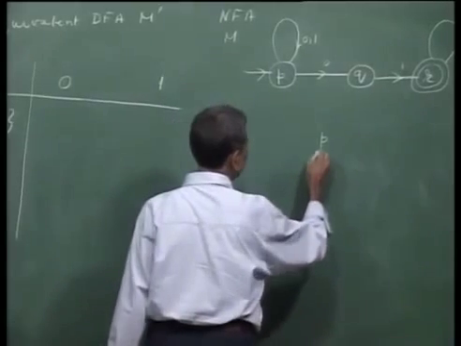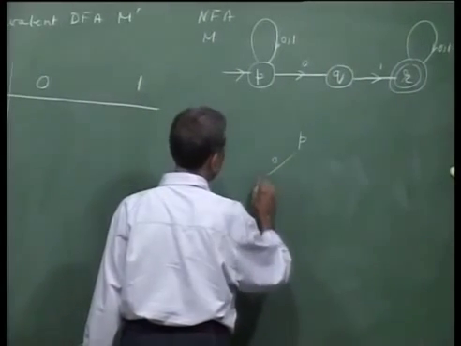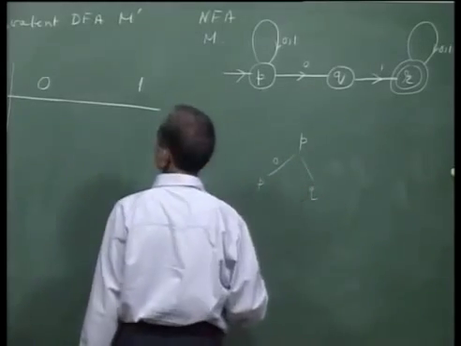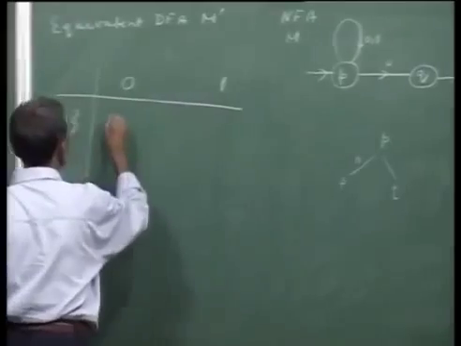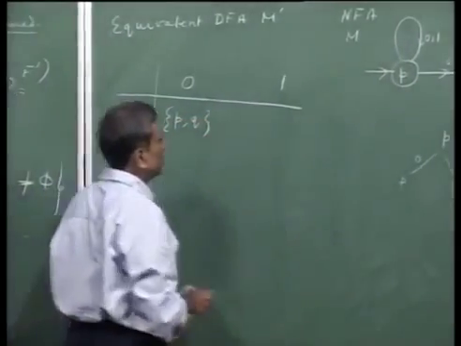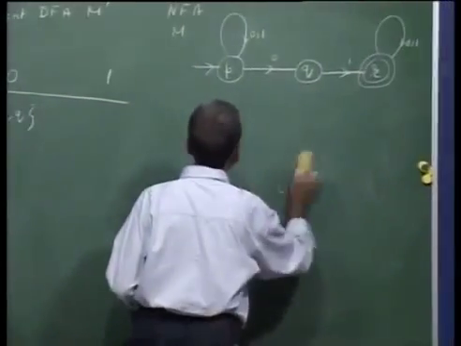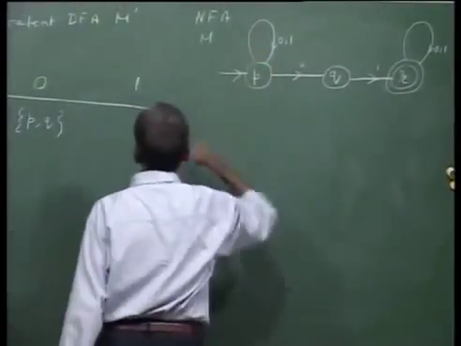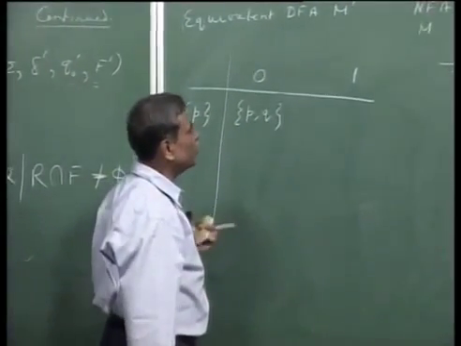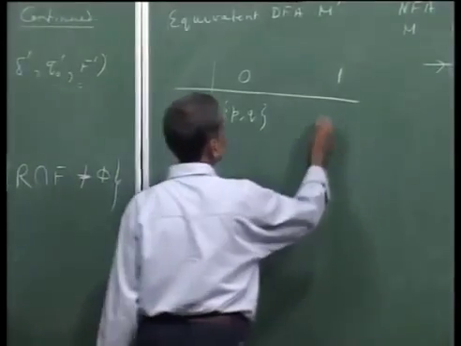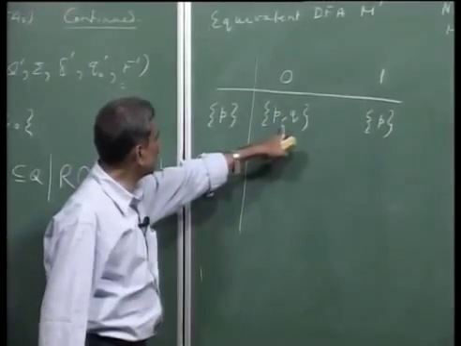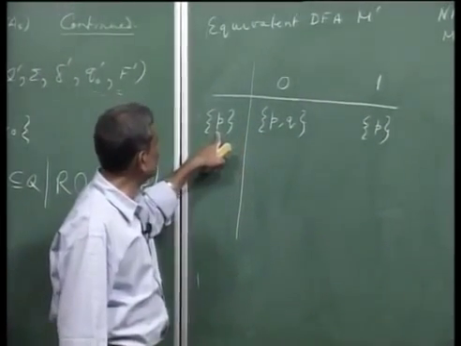From P on 0, it can go to P as well as it can go to Q, right. So therefore we write this, and you can see from P on 1, there it has no other choice, it has to remain in P. All right.